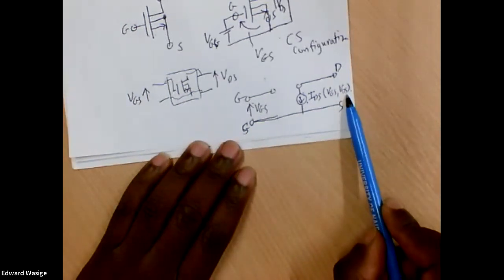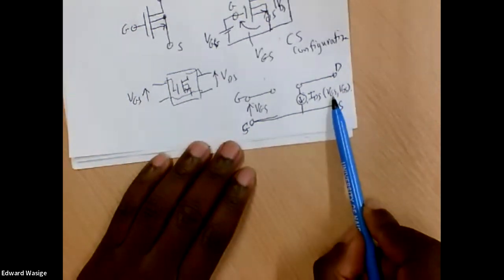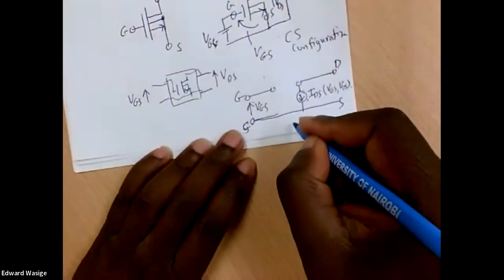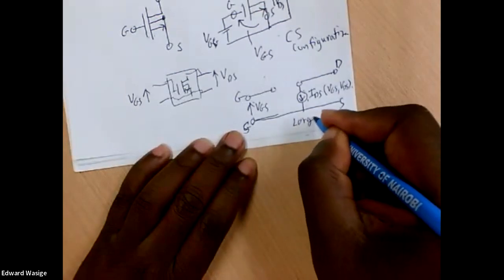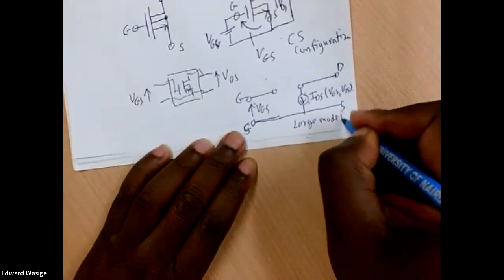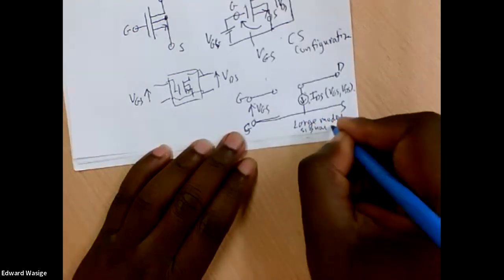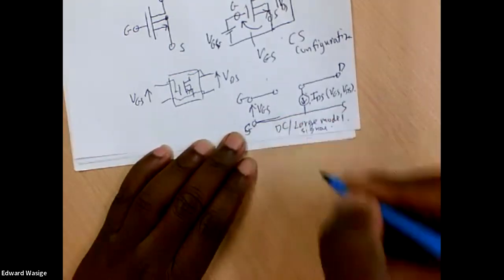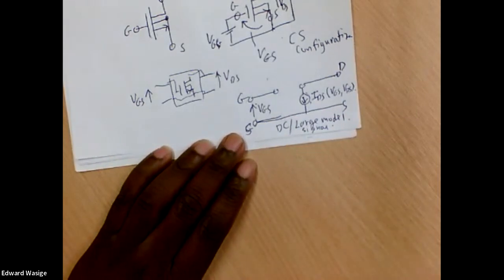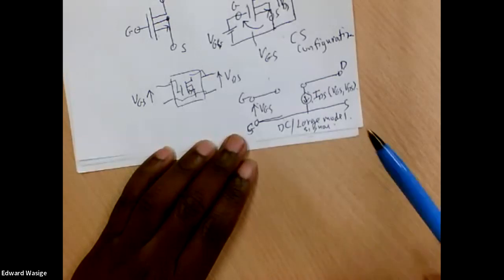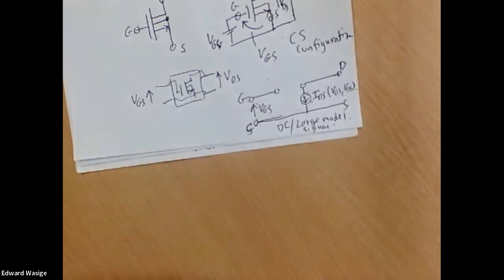But after that, it just depends on VGS. So that will be the first model of the transistor, and we call this a large signal model, or you can also call it a DC model.